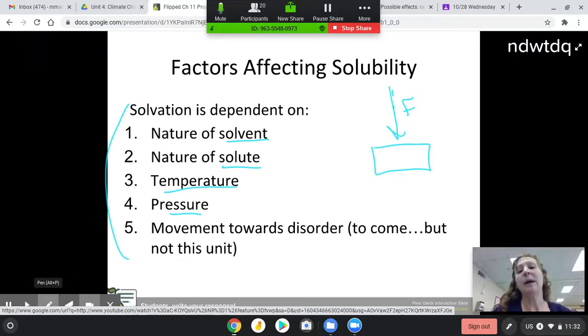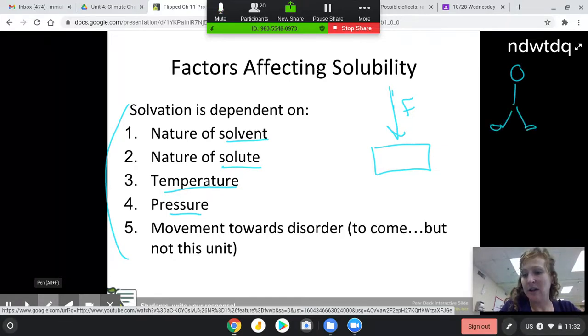When we talk about pressure, one example that really helps you wrap your mind around what pressure is, is if you think about standing on ice with your feet versus standing on ice with ice skates, right? Oh, that person doesn't look too stable.